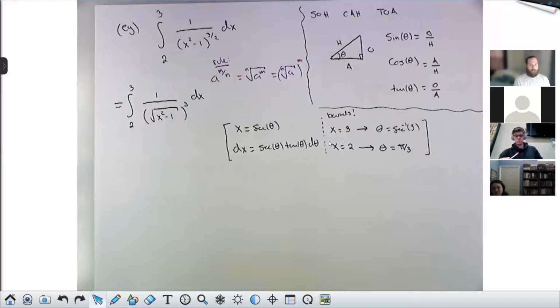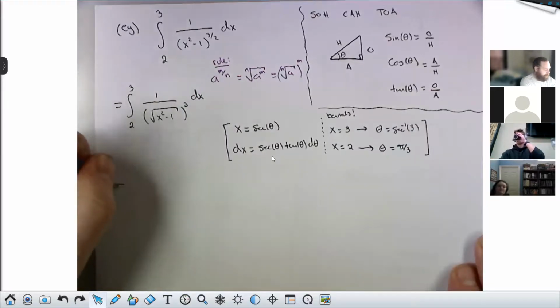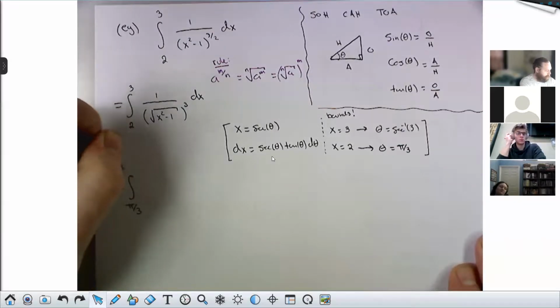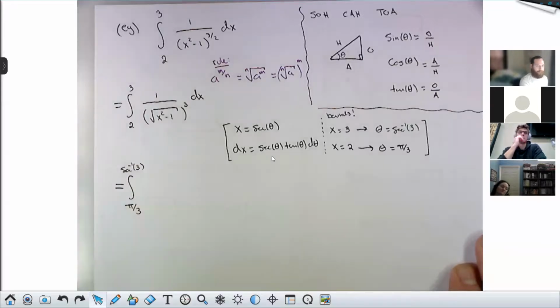All right, so my old bounds went from 2 to 3. My new bounds go from pi over 3 to the inverse secant of 3. Everything else in the integral is going to go the same way as the last couple of examples. The only difference here is that we had to change our bounds. So my new bounds, my theta bounds, go from pi over 3 to the inverse secant of 3.